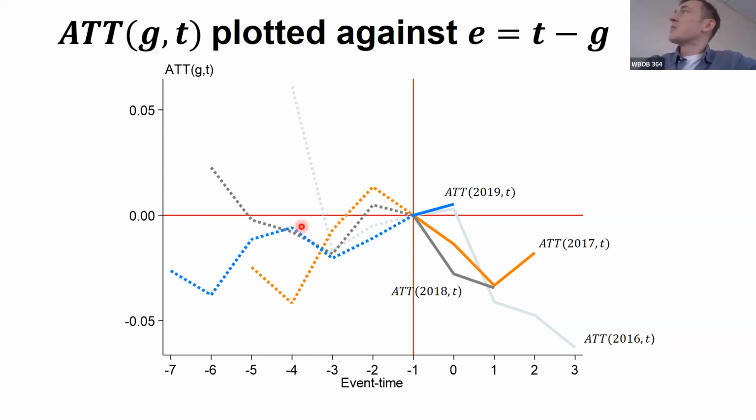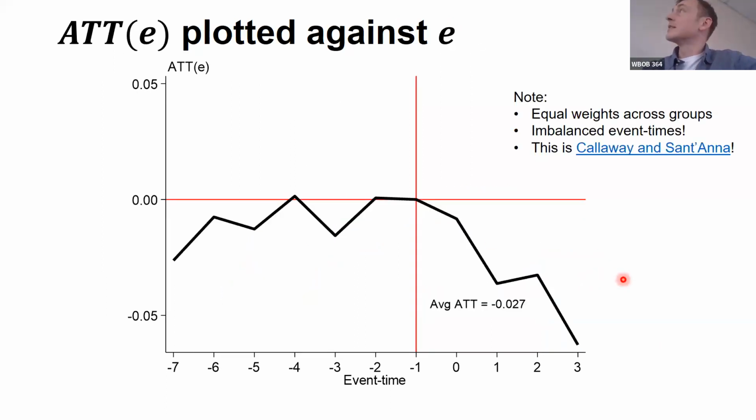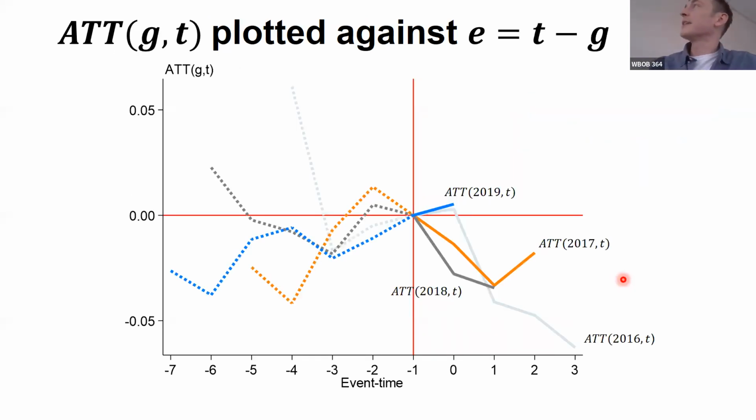So this is a way to present all the parameters, but you could also just average them, in which case you get this pretty great looking event study right off of their figure. I just average those numbers equally. This is actually a place where you can see how averaging really matters, because I don't know the size of each treatment group from their paper. But look at this.